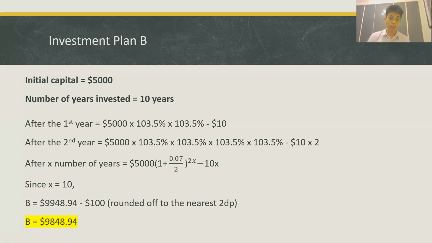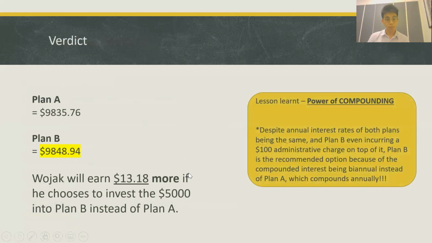So what's the verdict? Let us take a look. So here's the verdict. Wojciech will get $9,835.76 from plan A, while for plan B, he'll be getting $9,848.94. So clearly, as we can see from the figures here, plan B is slightly higher.